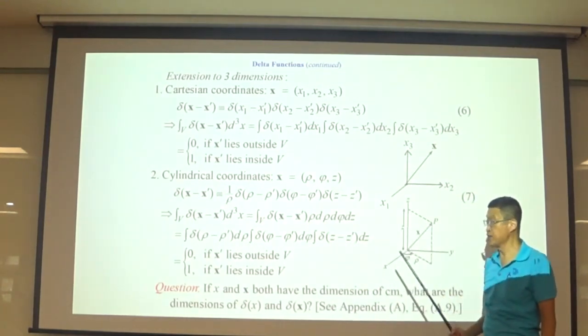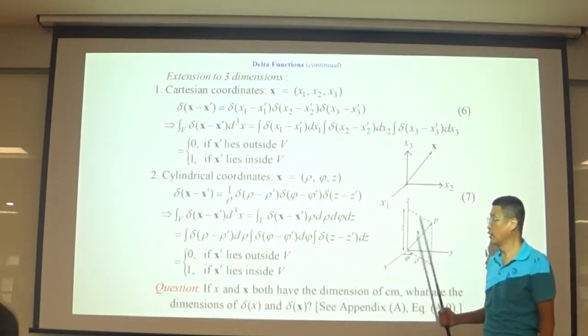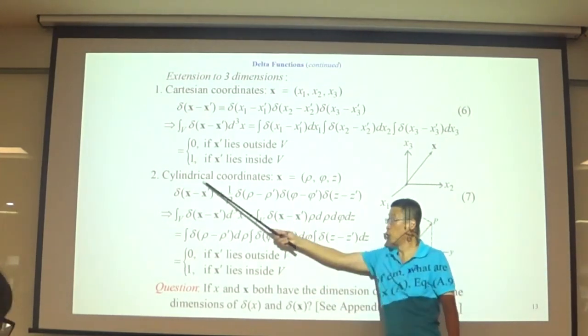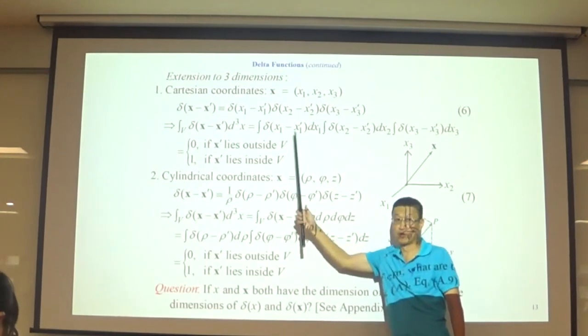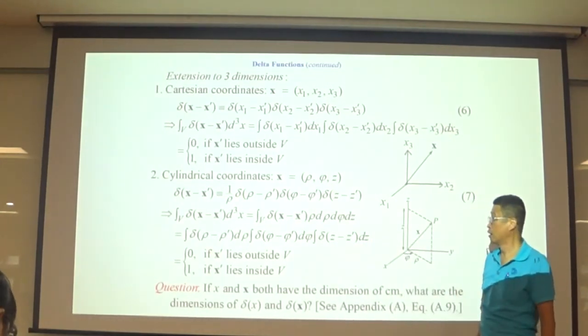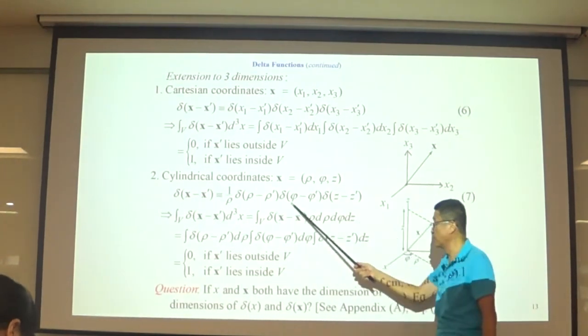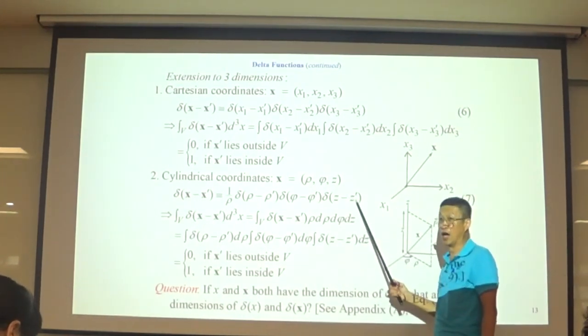You can express the delta function in cylindrical coordinates. Once again, you can write here. How do you know?